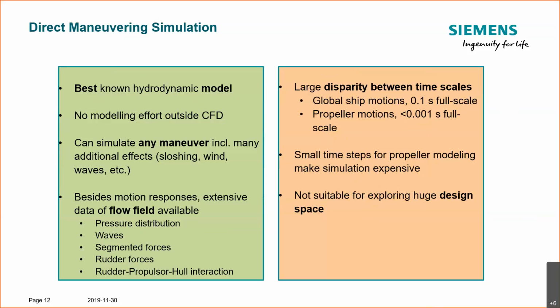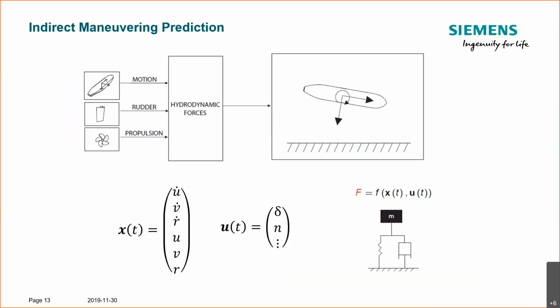And in the end, even if we can afford to run a direct maneuvering simulation with this model, if we have the task to arrive at a design envelope or explore a huge design space, that becomes infeasible pretty quickly. So let's look at indirect maneuvering prediction and how CFD and Simcenter STAR-CCM+ in particular can be leveraged for this task.